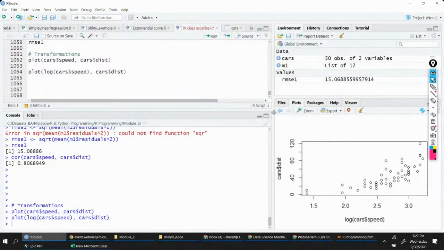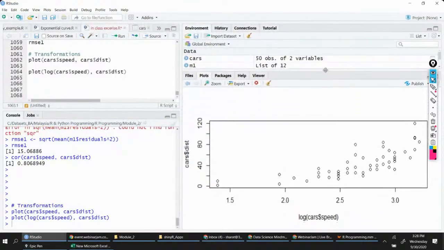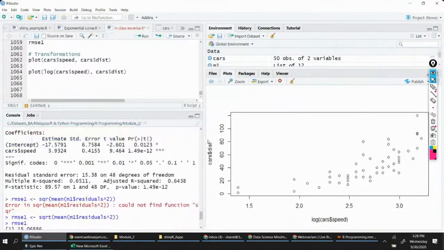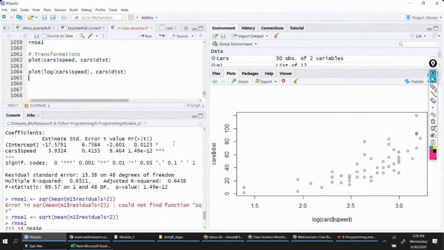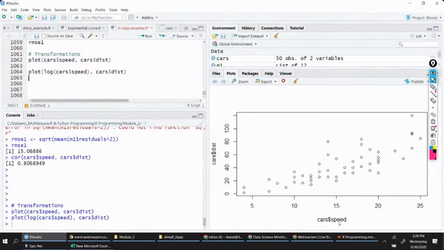If you observe the spread of the data on the right side of the screen in the visualization, the plot section, this is cars on the x-axis and this is distance.